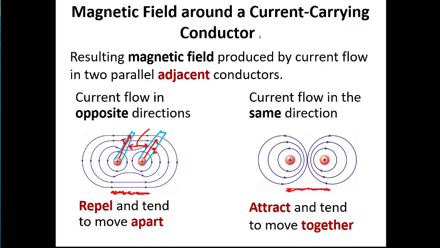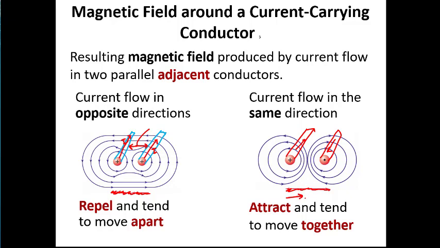But these current carrying conductors do create a magnetic field, and they'll try to push each other apart if the current is going in the same direction. If the currents are going in the opposite direction, so this is a wire here, trying to draw it in 3 dimensions a little bit here. This one would have current coming out of the board, and this has current going into the board.